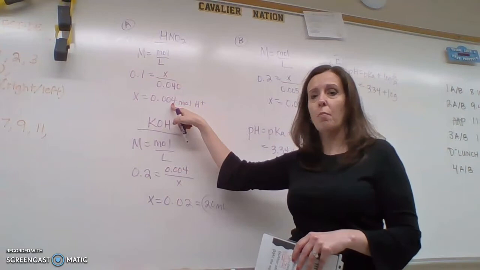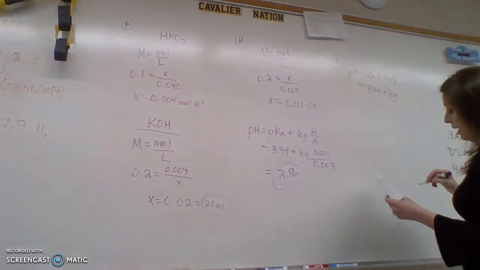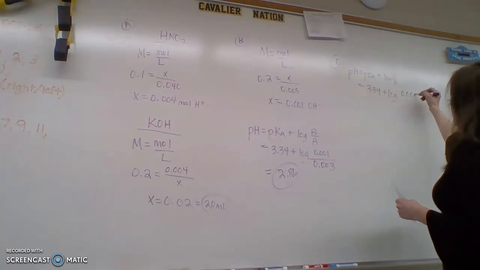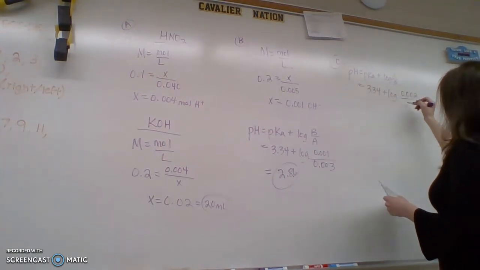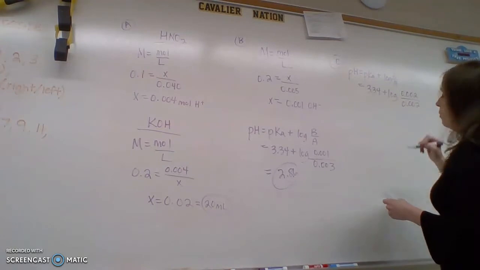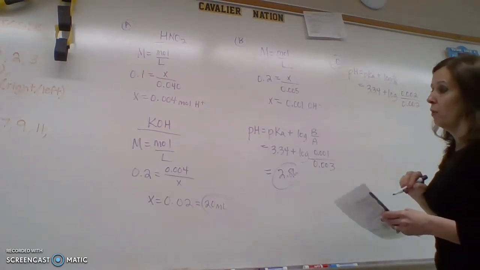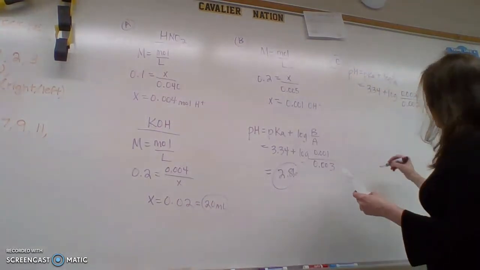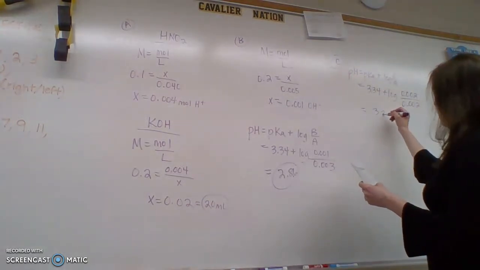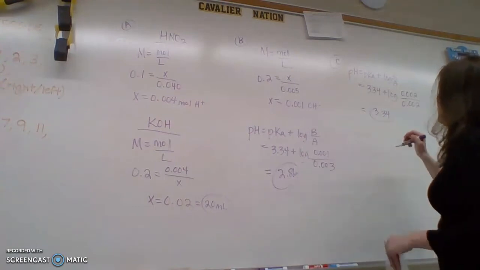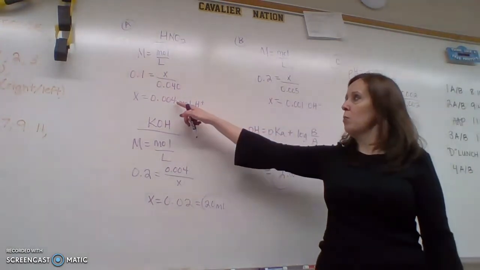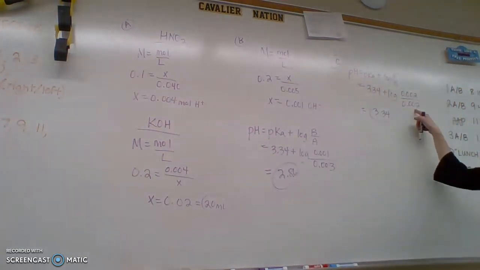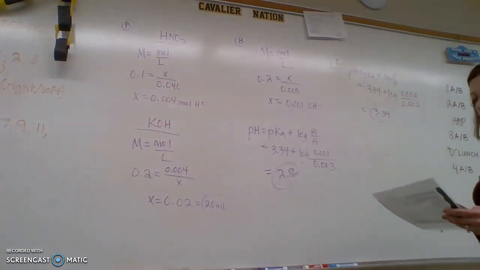So if I take this number and divide it by 2, that's going to be 0.002, and this is going to be 0.002. Why is that 0.002? Because that's where I am there. If I'm halfway to the equivalence point, I have to have half of that acid, and I have to have the same amount of OH.